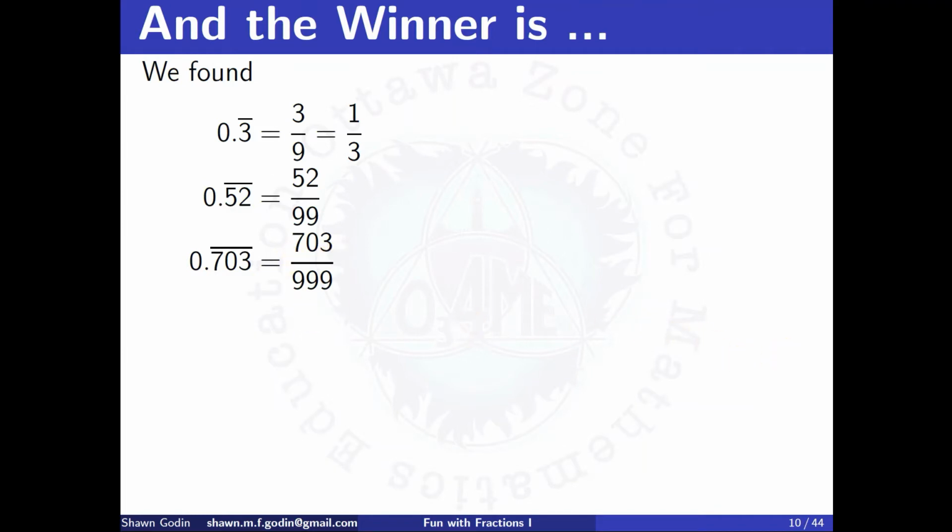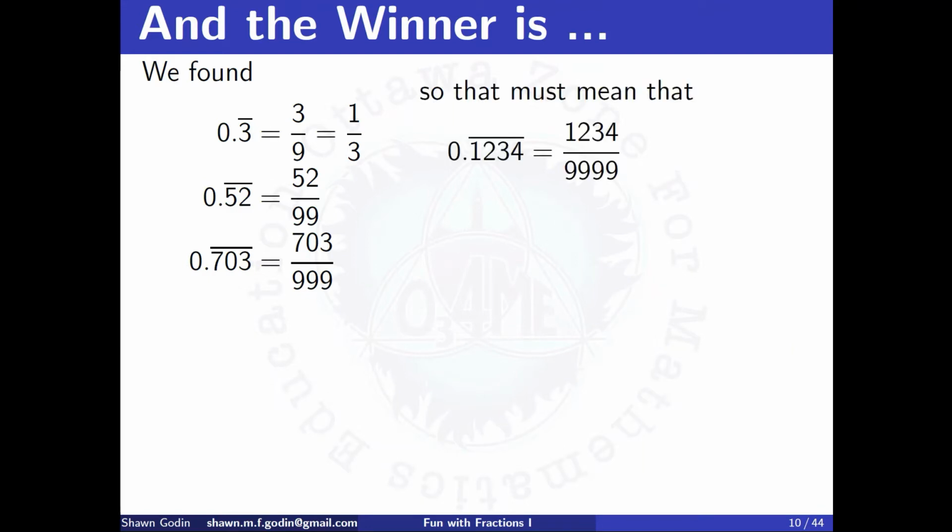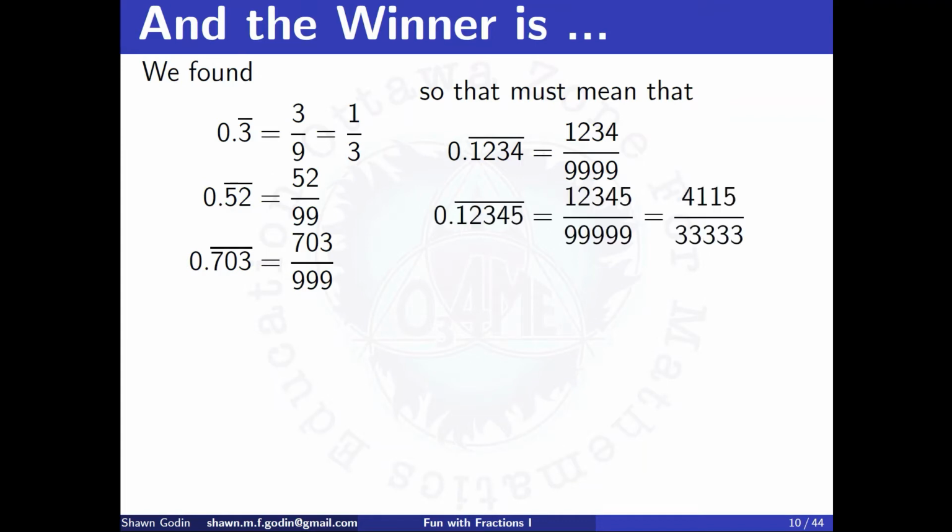If our pattern actually continued, that would mean if I had something like 0.1234 where the 1234 is repeated, I should have 1234 over 9999. If I had 0.12345, I should have 12,345 over 99,999.